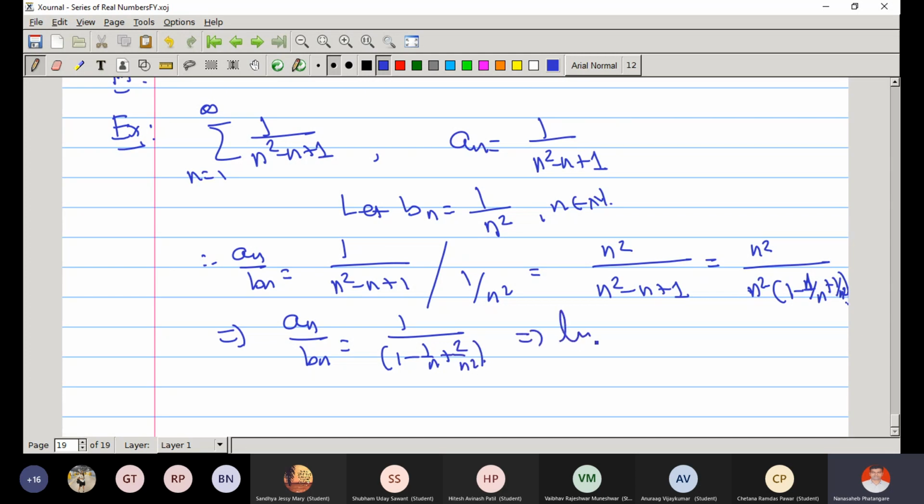And what is the limit as n tends to infinity of an upon bn? Ultimately this limit is 1.